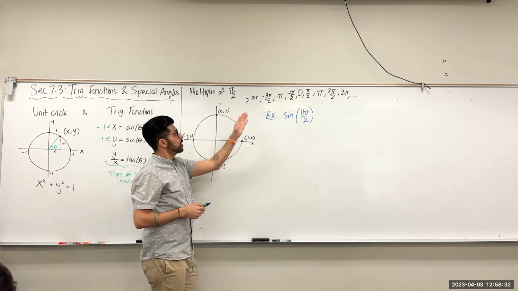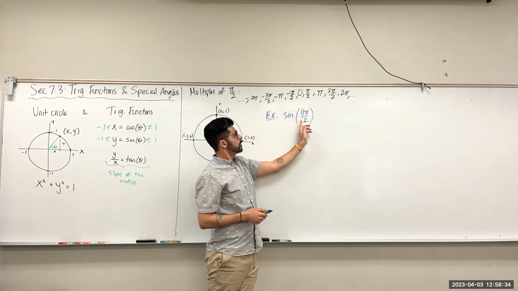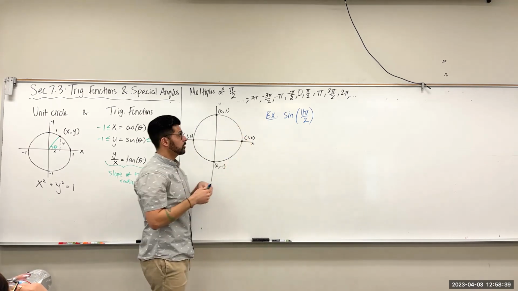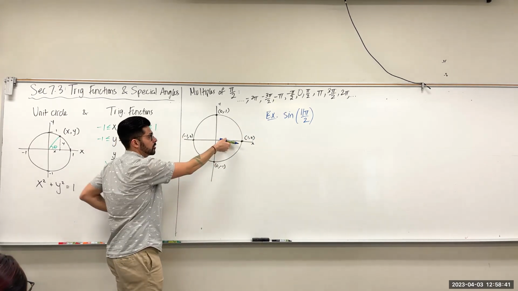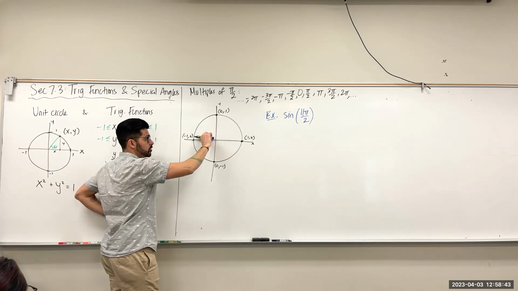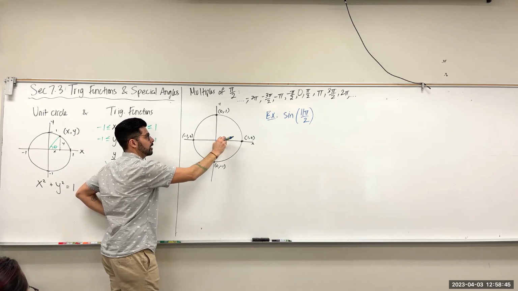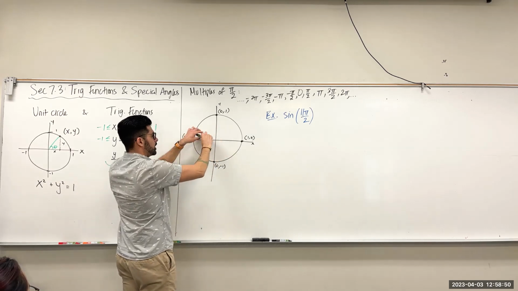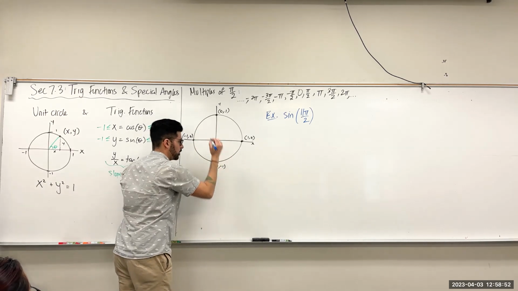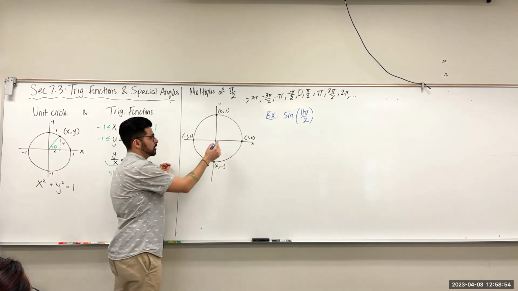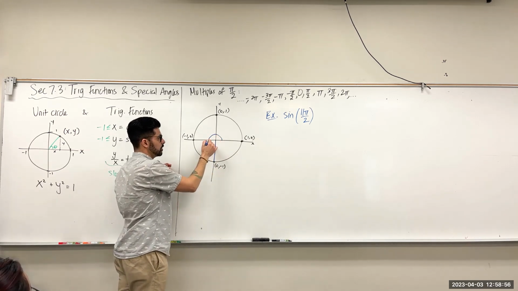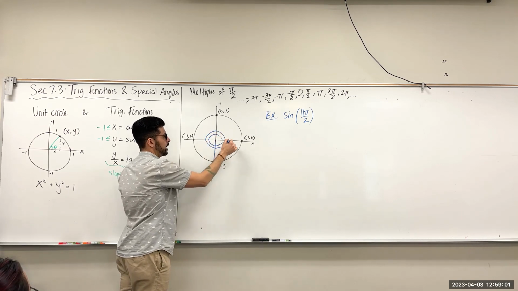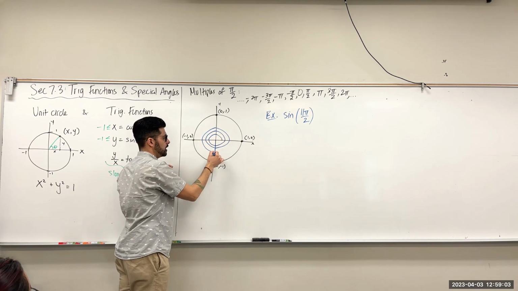And because this is a multiple of pi over 2, you rotate in those multiples 11 times. So you go 1 pi over 2, 2, 3, 4, 5, 6, 7, 8, 9, 10, 11. So you end up right there.